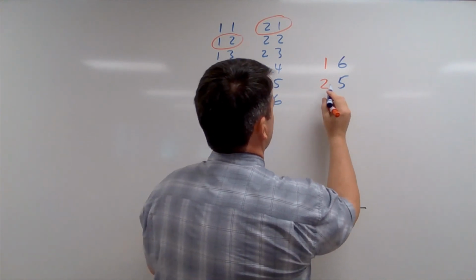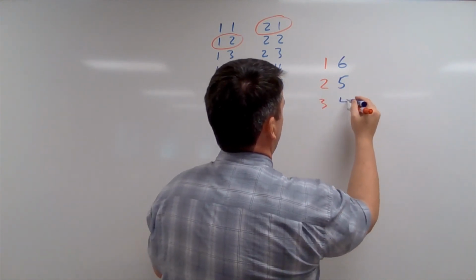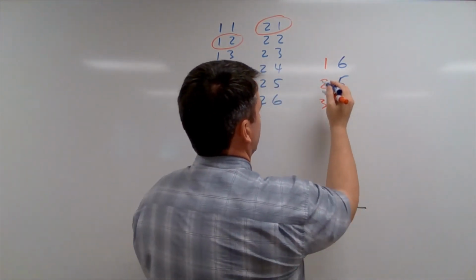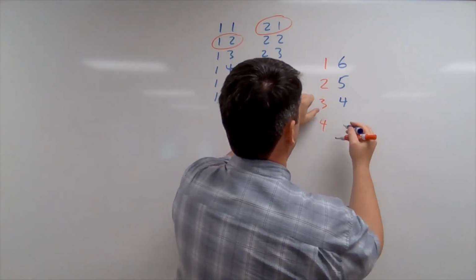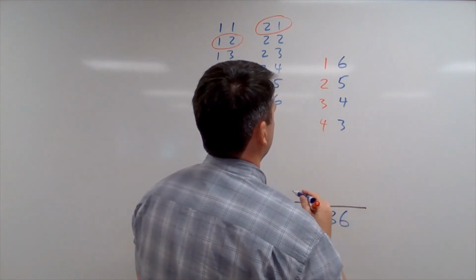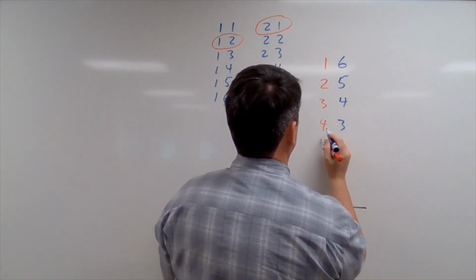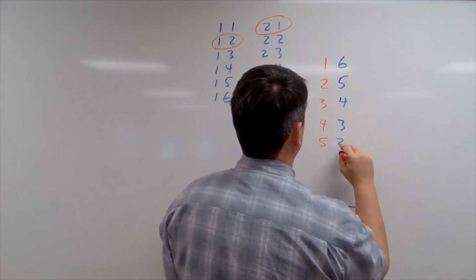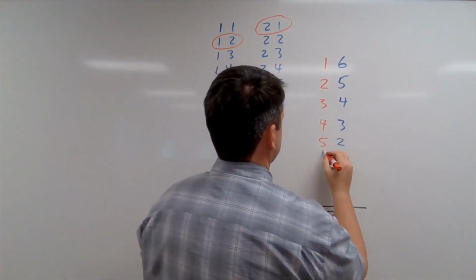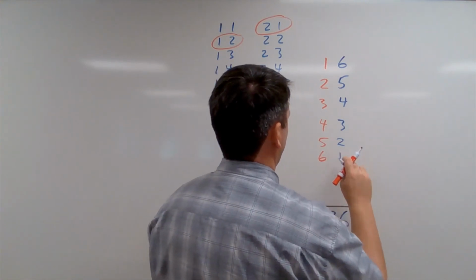If the red die is a 3, then the blue die is going to be a 4. If the red die is a 4, then the blue die is going to be a 3. If the red die is a 5, then the blue die has to be a 2. And if the red die is a 6, then the blue die has to be a 1.